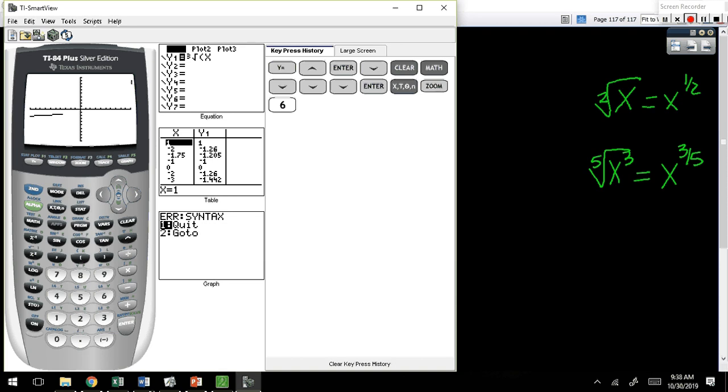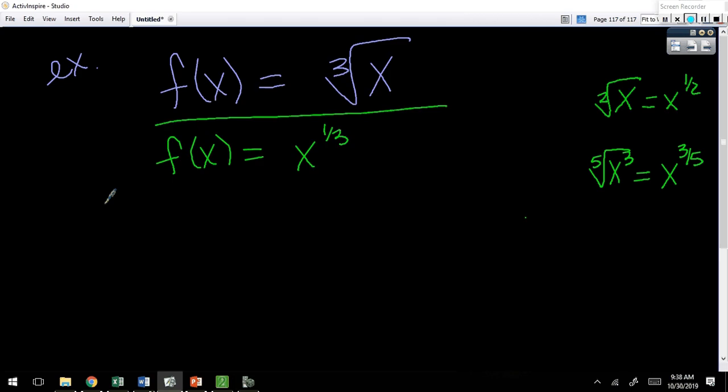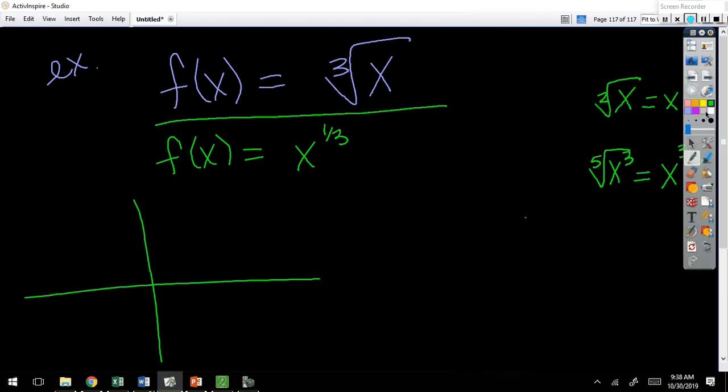So Jackson, you were really close in saying that it looked like the cubic. But it's a cubic on its side. It's the inverse. All right, so if I were to sketch a graph, it would look something like this.